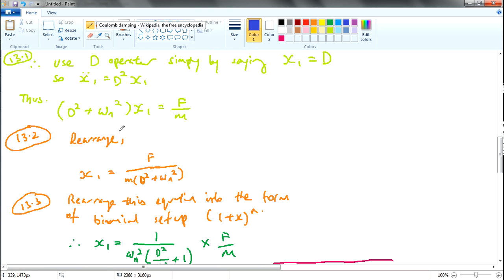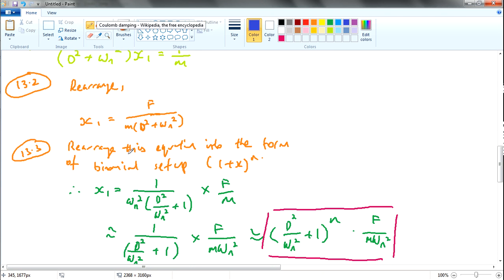After we explain the operator, then we have to rearrange. We just bring this portion down here. We multiply everything by D² plus omega n squared, so x1 equals F over m times D² plus omega n squared. Then we rearrange again.